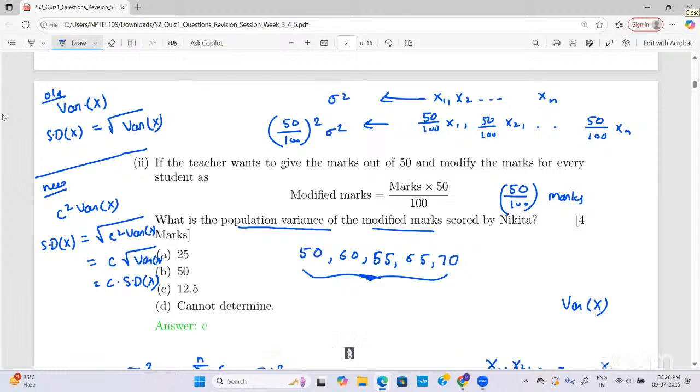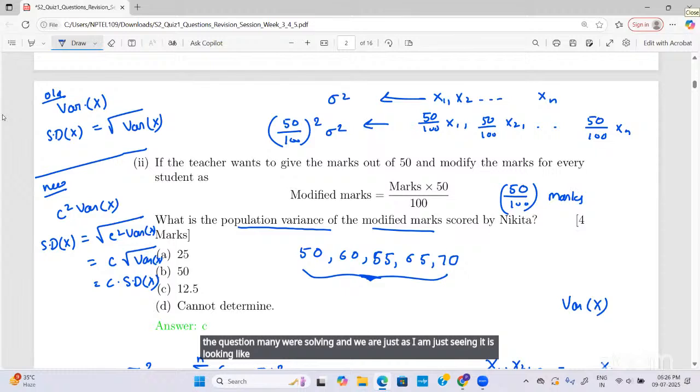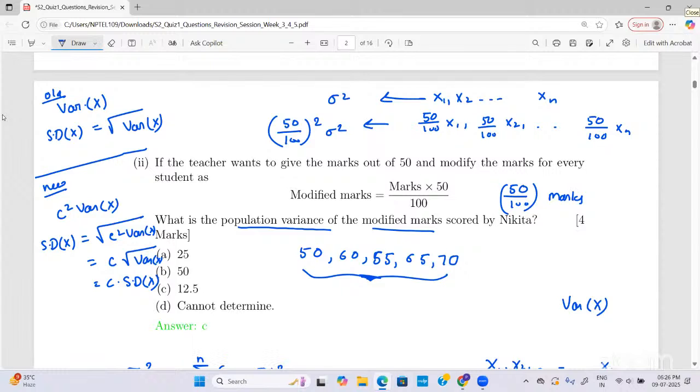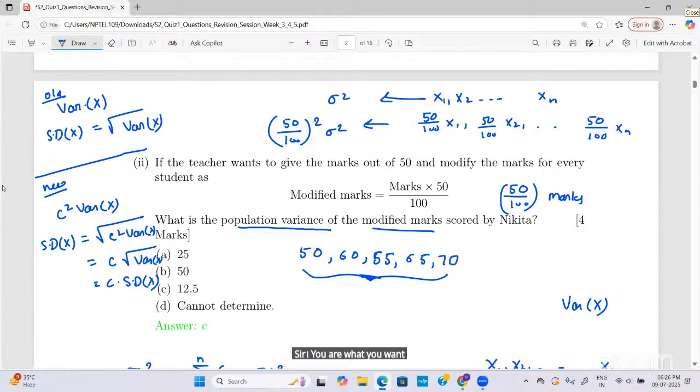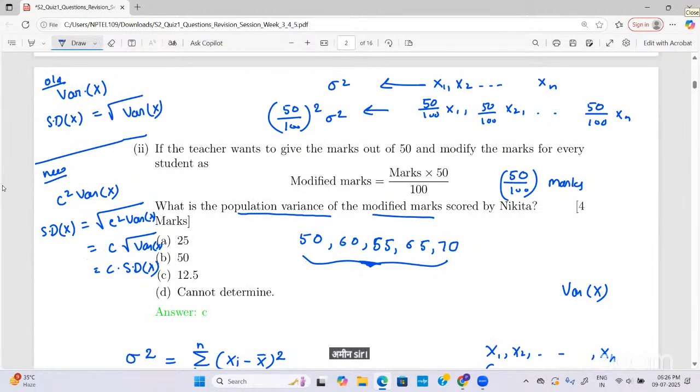Sorry to ask, but when you are solving the question and we are just seeing it, it looks like I understand. If we got at least 2 minutes for each question to solve, then when we are discussing, we can remember better.